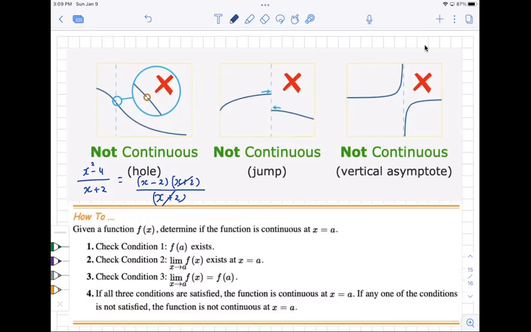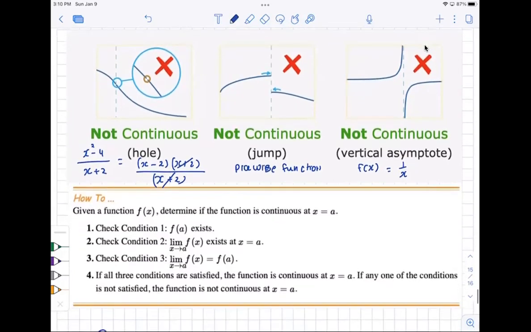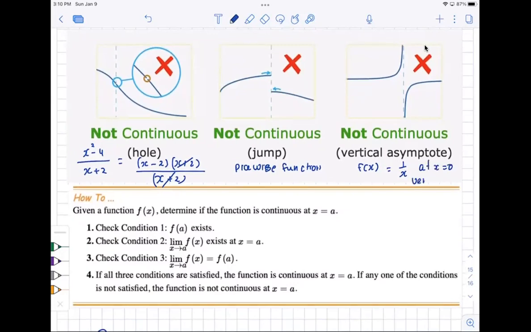Or it's simply a jump, like two different functions, for example piecewise functions. So there's a jump. Or you have a vertical asymptote. An example is f of x equal to 1 over x, where at x equal to 0 you have a vertical asymptote.